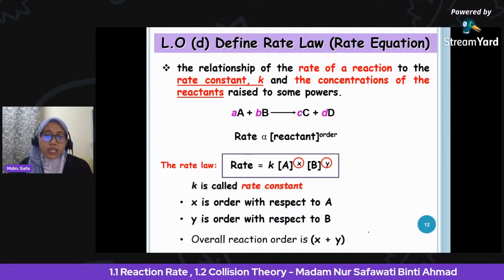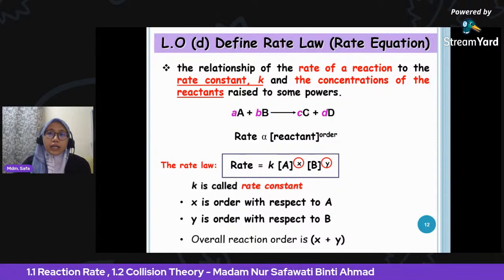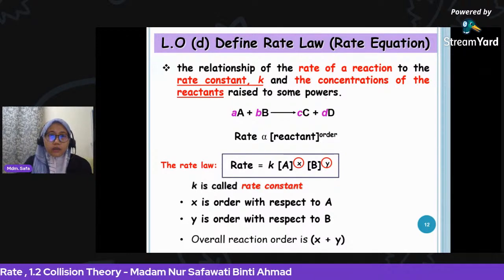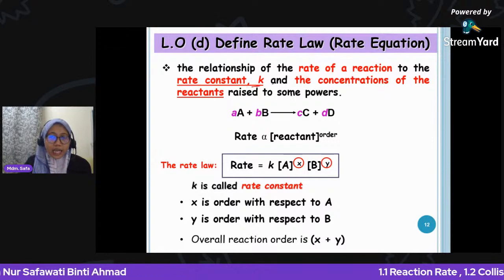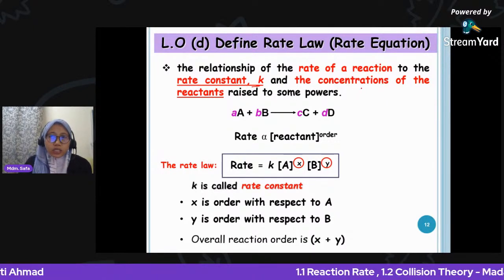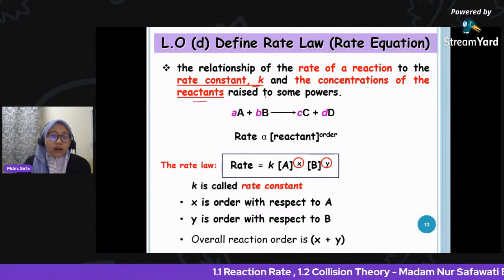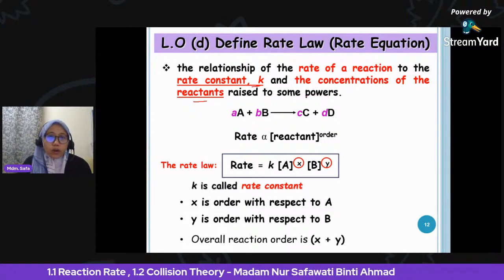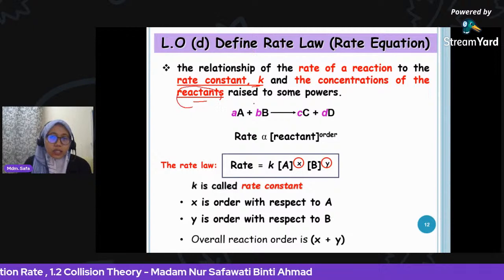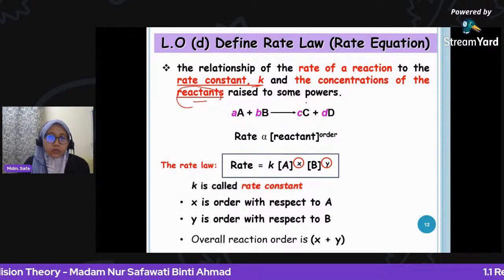So rate law is the relationship of the rate of reaction to the rate constant K, and the concentrations of the reactants raised to some powers. So it involves only the reactants, dia tak melibatkan produk lah.